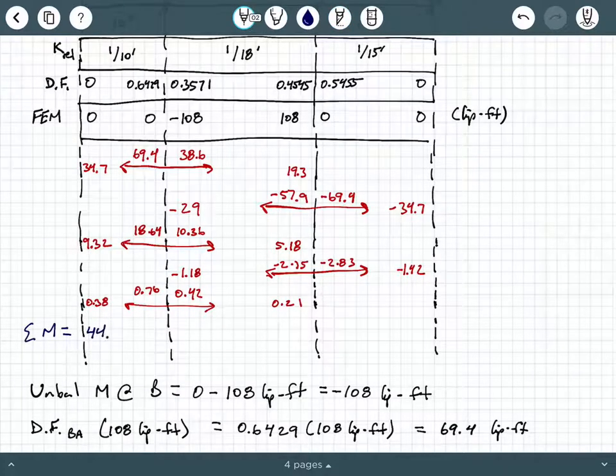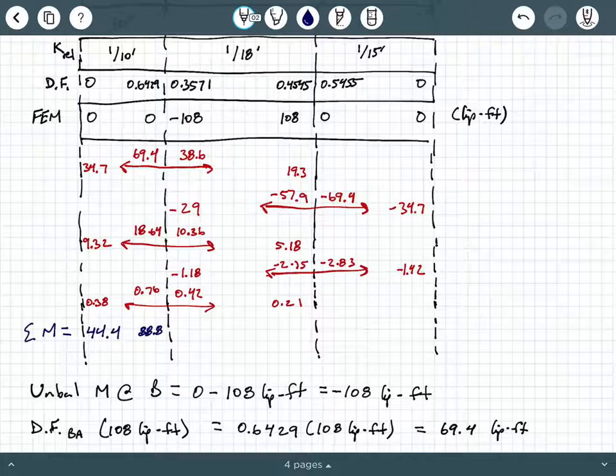So I get 44.4 kip feet at A, so that's the moment in AB. And then infinitesimally to the left of B, I'm going to have 69.4 plus 18.64 plus 0.76. So I get 88.8 infinitesimally to the left of B.